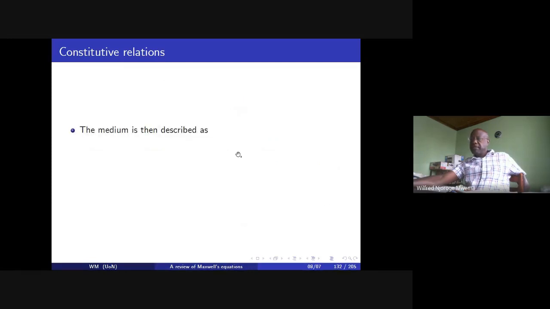The medium is therefore described as biaxial if epsilon 11, epsilon 22, and epsilon 33 are all different. It is uniaxial if epsilon 11 and epsilon 22 are equal, but epsilon 33 is not equal to them. It is called isotropic if epsilon 11, epsilon 22, and epsilon 33 are all equal to a constant epsilon.